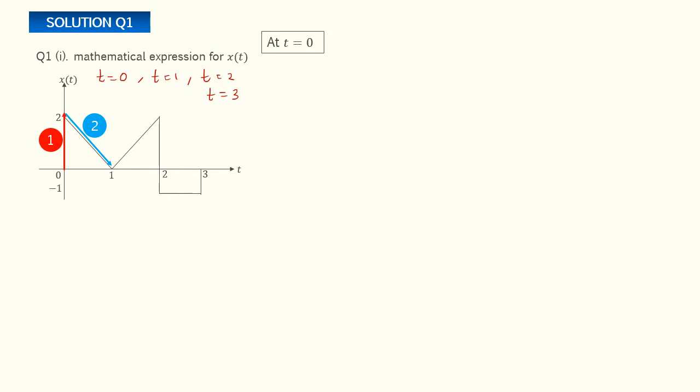At t equal to 0, you have one line with a magnitude equal to 2, and u(t minus t naught). Your t naught in this case is 0. So the equation for the line is 2u(t), positive because it's pointing up. Next, you have one slope pointing down, so it's negative due to the negative direction.